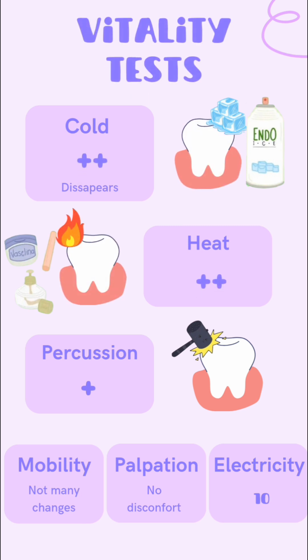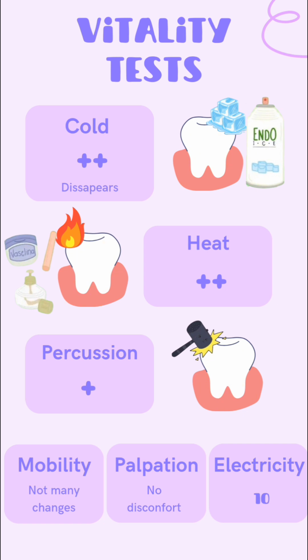For the vitality tests, which we will perform with relative isolation, the cold test is carried out by placing a cotton pellet with refrigerant spray, Endo Ice. It will give a moderately painful response with a slow cessation that disappears at 3 seconds.